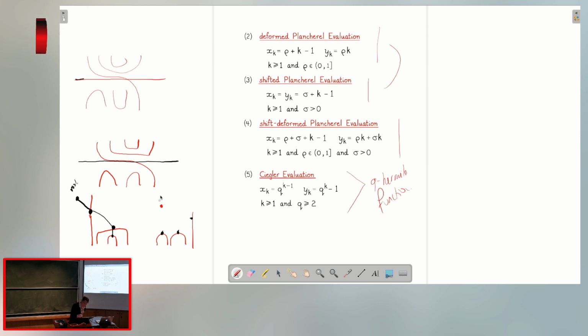So actually, in this case, the root vertex would be sort of going like this. And then the decoration would correspond to making a linear extension of these two trees, which are dual to the half diagrams.